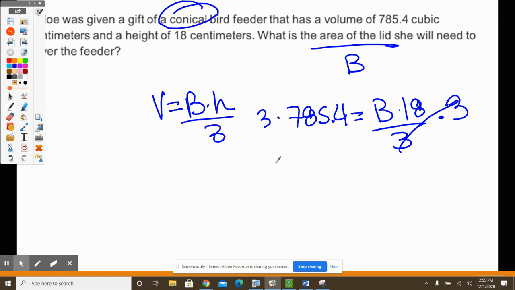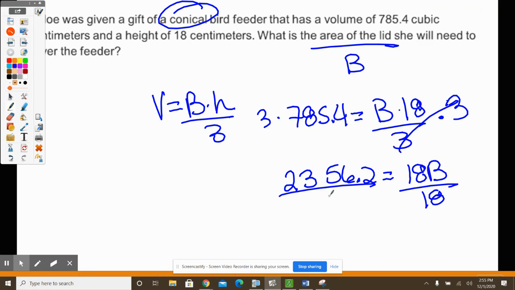So 785.4 times 3. That's 2356.2 is big B times 18 or 18B. Then you just divide both sides by 18 to find out what the area of the base is. Divide that by 18 and I get 130.9. This is area, so it's centimeters squared. That would be the lid.